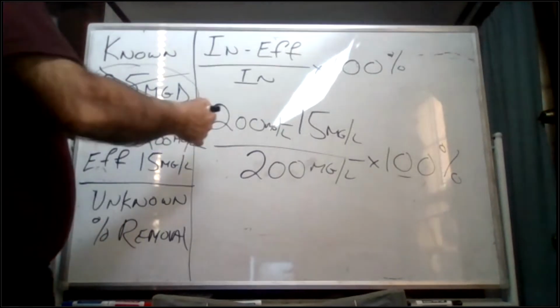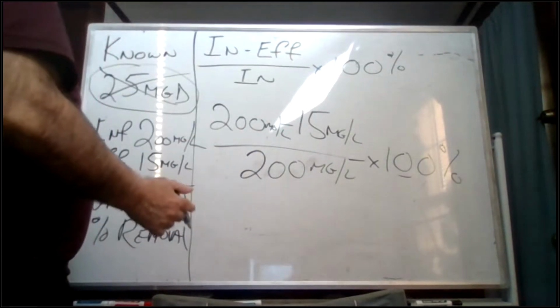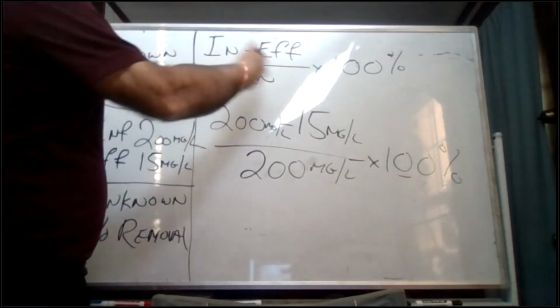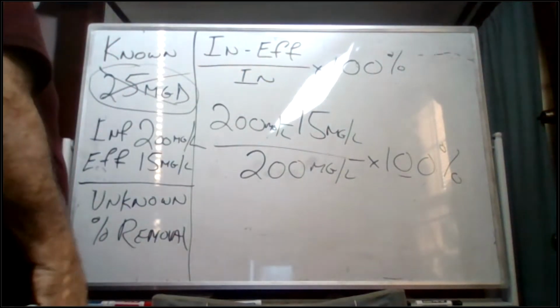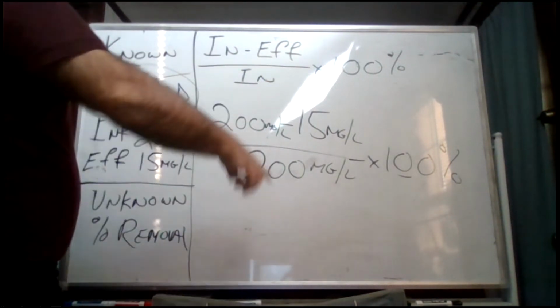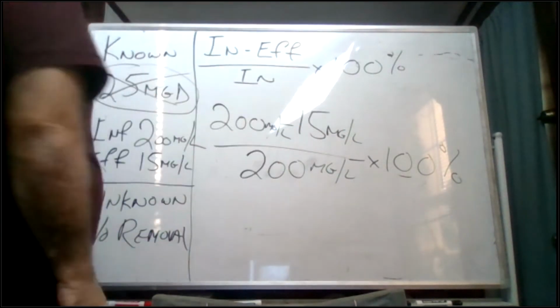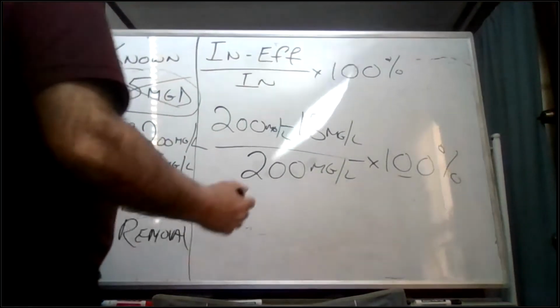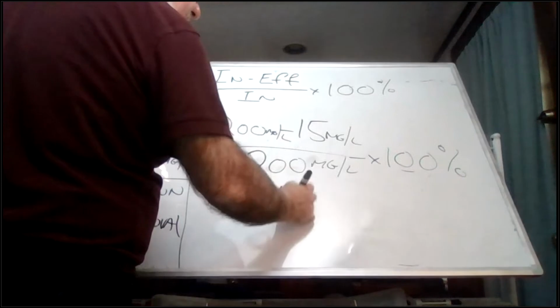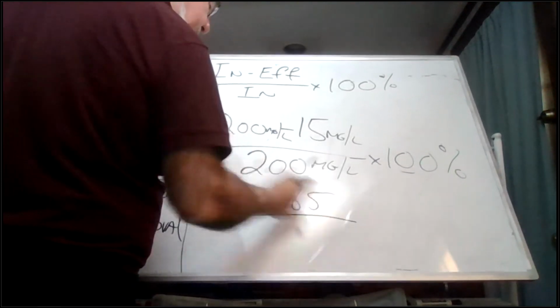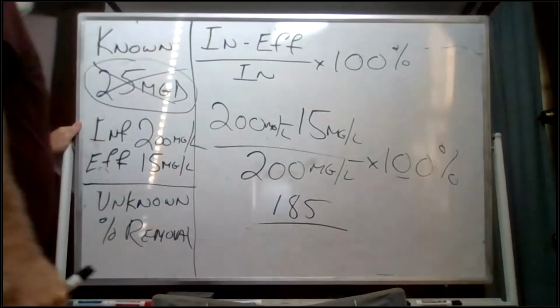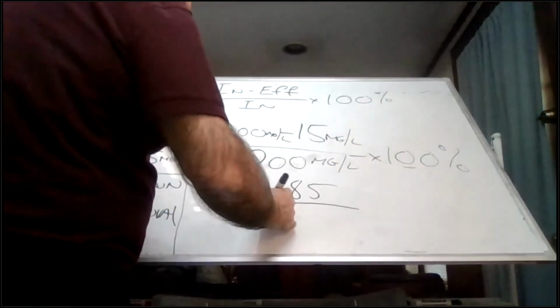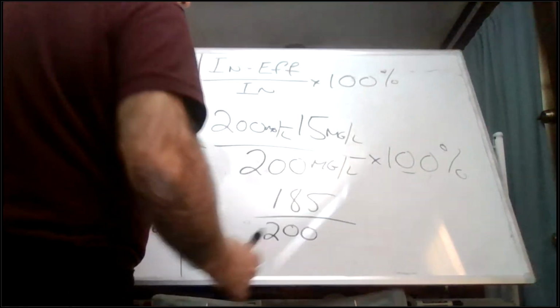Okay, now, first things first. You work from left to right, but you're working on the top and the bottom. You're going to take 200 and subtract 15, which I believe is 185. Then you're going to divide that 185, because that's what this line means, basically, is divide. 185, and you're going to divide it by 200.